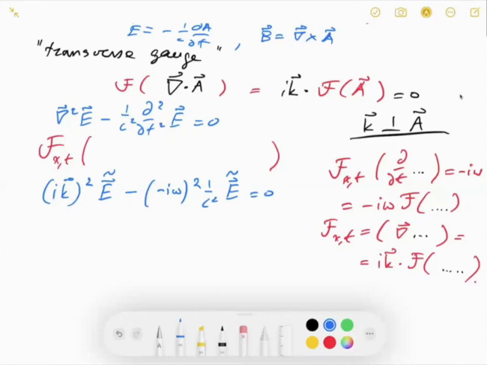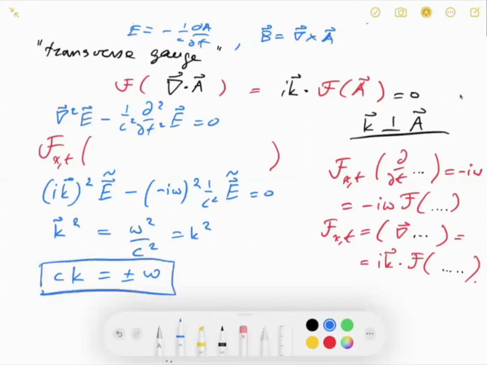And that means that we get a k vector squared is omega squared over c squared, if you work out all your minus signs. So therefore, if k vector squared is k squared, that means that ck is plus or minus omega.